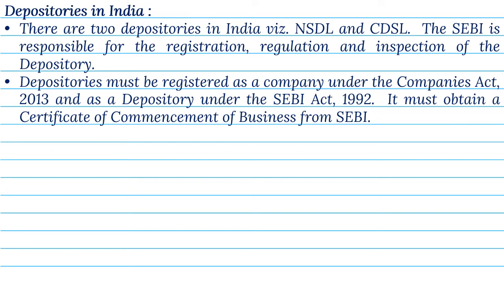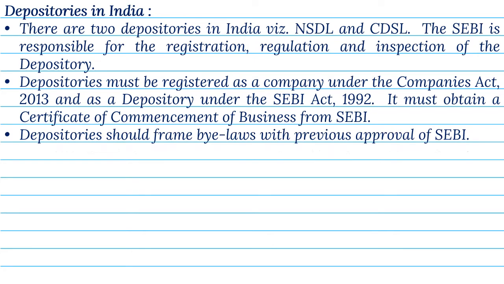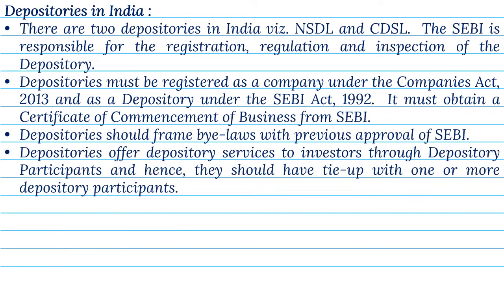Depositories must be registered as a company under the Companies Act 2013 and as a depository under the SEBI Act 1992. It must obtain a certificate of commencement of business from SEBI. Depositories should frame bylaws with previous approval of SEBI. Depositories offer depository services to investors through depository participants, and hence, they should have tie-up with one or more depository participants.